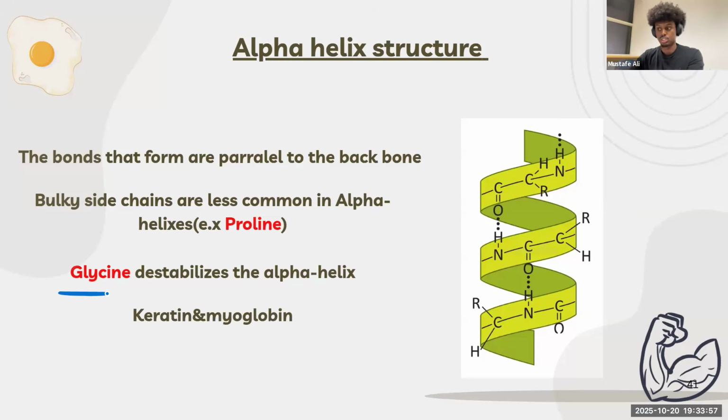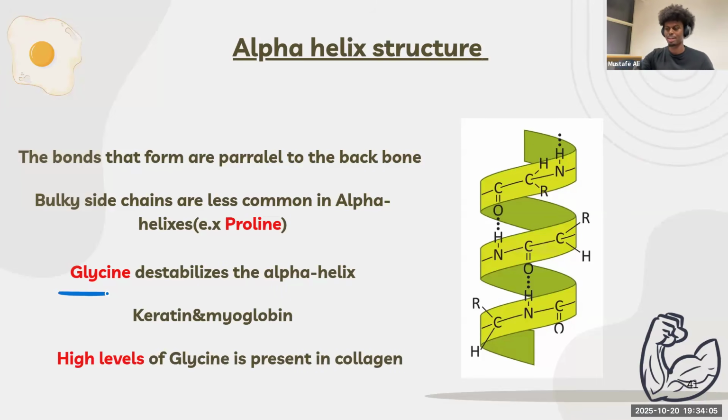Examples of proteins that have a lot of alpha helices are keratin and myoglobin. Another important point mentioned in your lecture is the comparison between collagen and the alpha helix structure. A small point they can examine you on is that the main difference is that in collagen, high levels of glycine are present, whilst in the alpha helix, there is no glycine, because it destabilizes the structure.